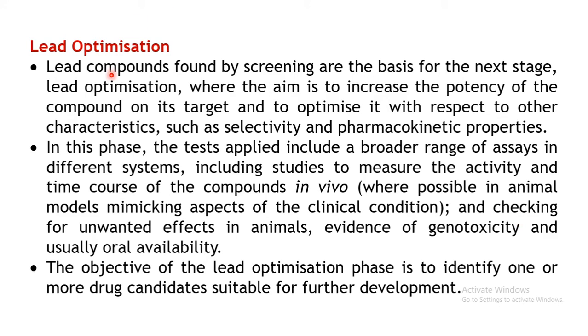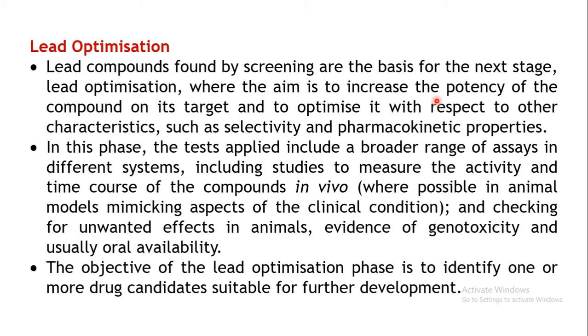Then the next step is the lead optimization. So now you have identified the target. Next step is your selection of your lead compounds. Now the next step is to optimize the lead compounds.